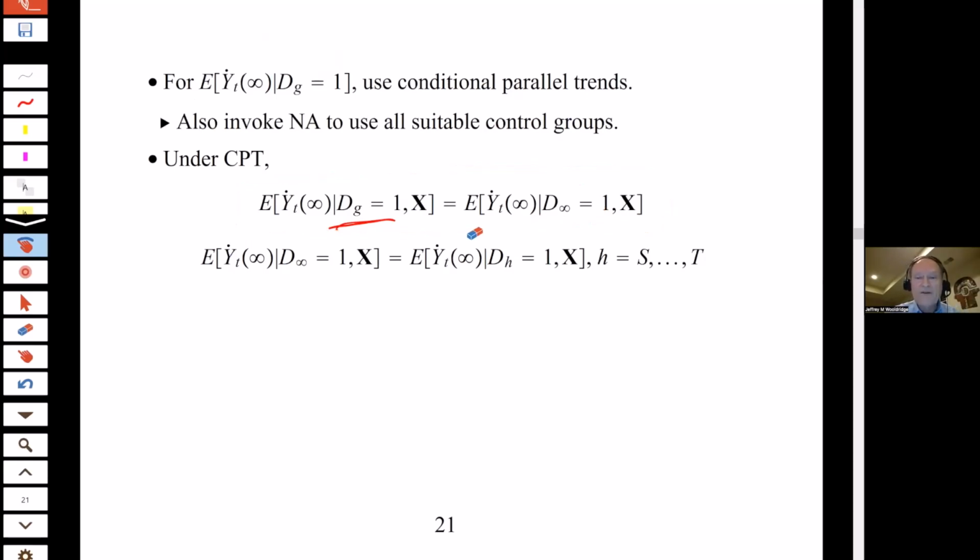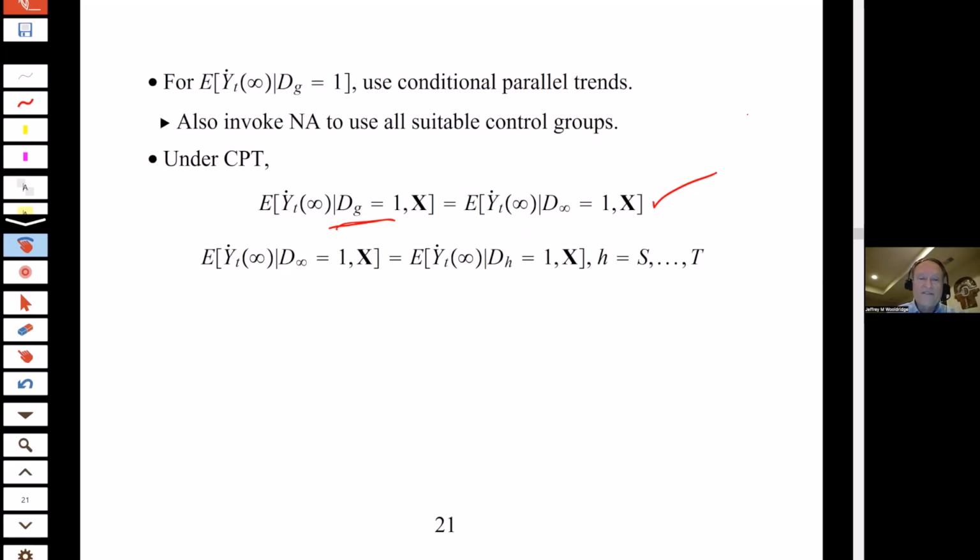And now, of course, we can estimate this precisely when we need to because the infinity here and the infinity here match up. So we just have to do some sort of regression analysis. That would be the obvious thing to estimate this using the never treated group.